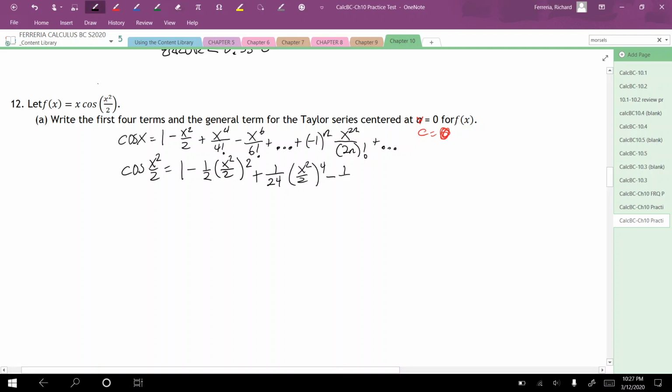I think it's 720, but I'm not even going to think about it. 6 factorial, x squared over 2, the whole thing to the 6th power, plus, and then here we're going to have to deal with the general term.